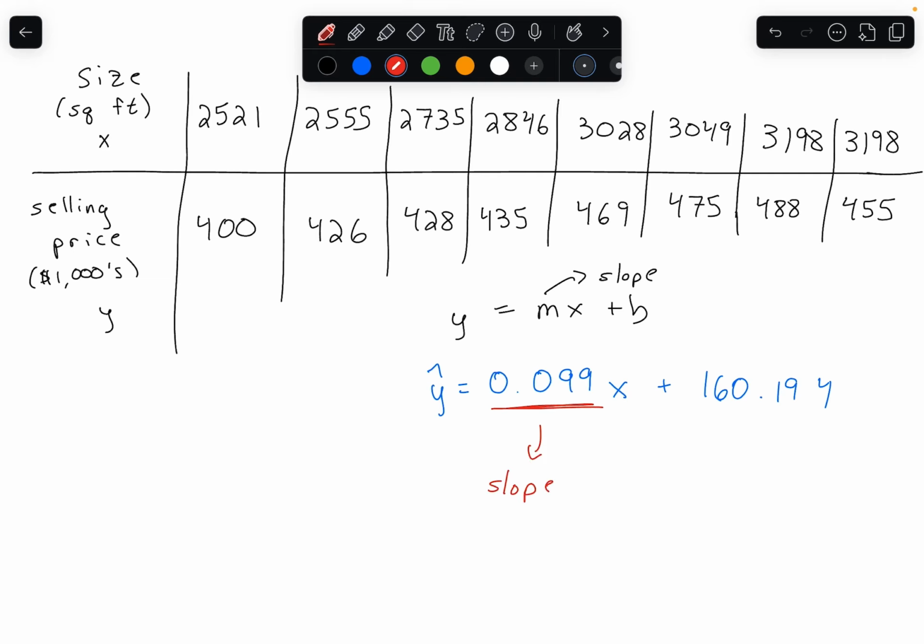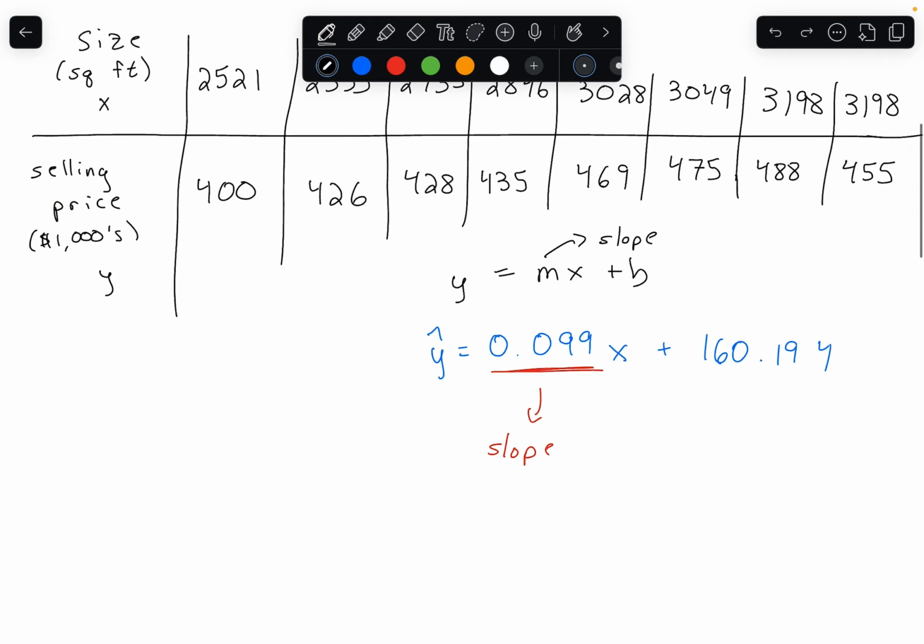And I would like to talk about what this number means within the context of my real world data, meaning what does it mean in terms of the size of the home in square feet and the selling price in thousands of dollars. So when you first learned slope, you probably learned about slope as rise over run.